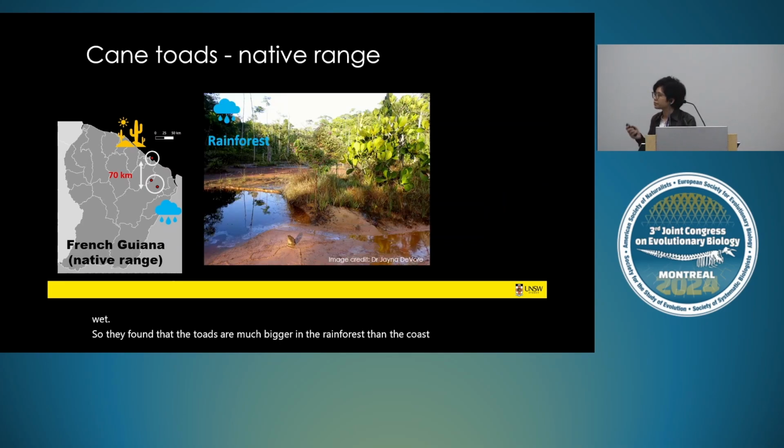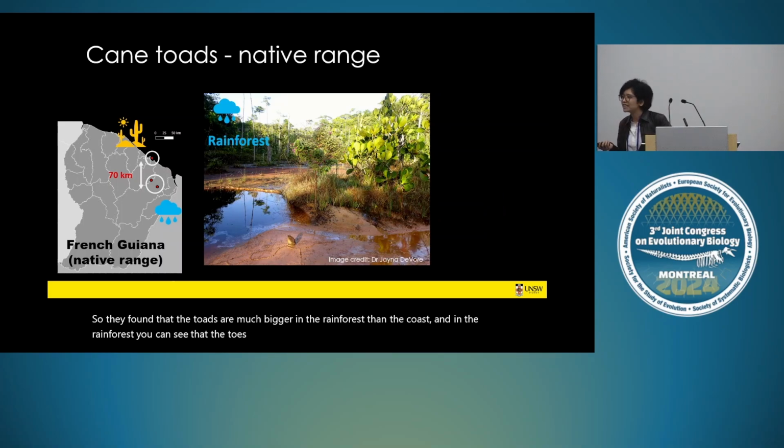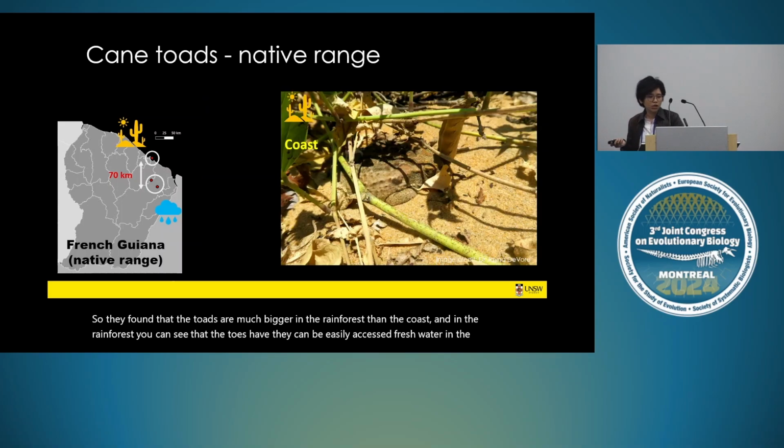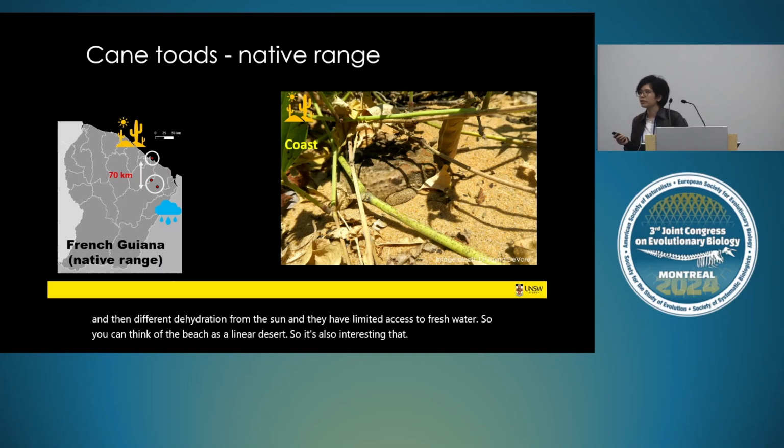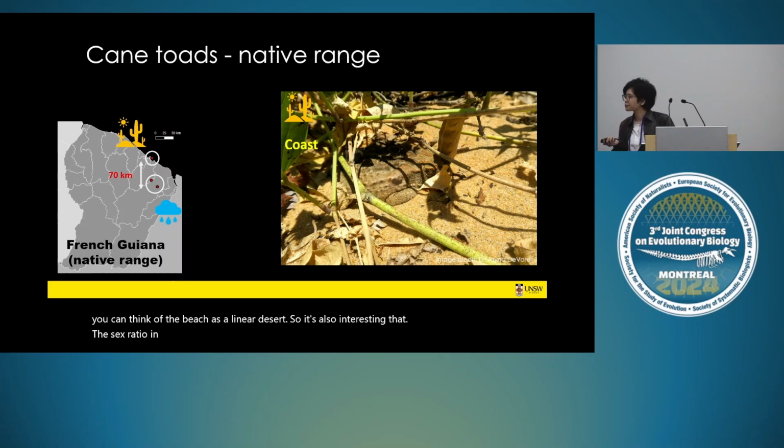In the rainforest, the toads can easily access fresh water in puddles. On the coast, the toads bury themselves in sand to prevent dehydration from the sun, and they have limited access to fresh water. So you can think of the beach as a linear desert. It's also interesting that the sex ratio in the rainforest is male biased.